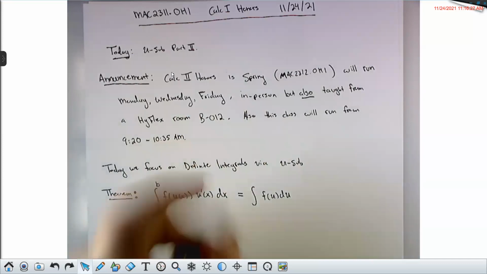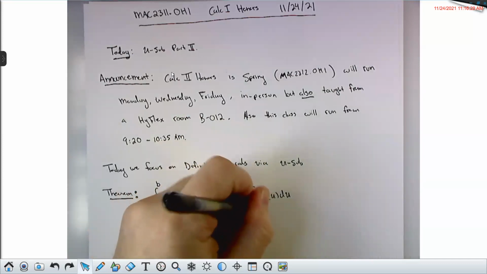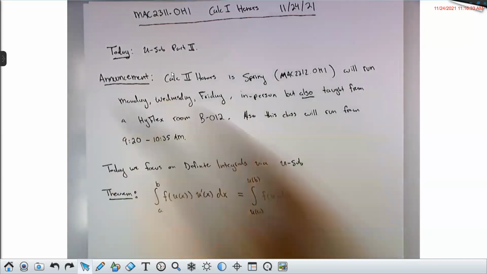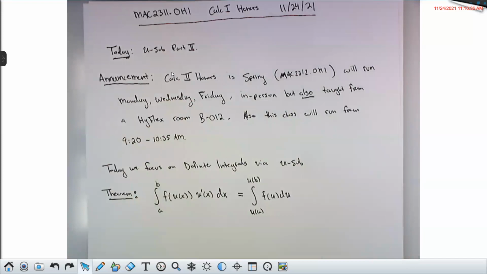differentials. The big thing that most people mess up is this: the bounds. You gotta change the bounds. If you integrate f of u du from a to b, that a and b are x values, not u values, but this will be a function of u.